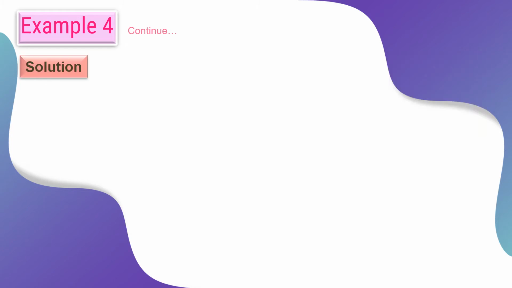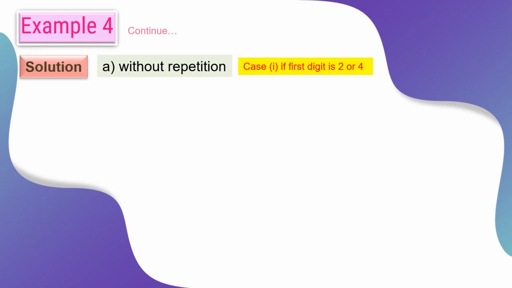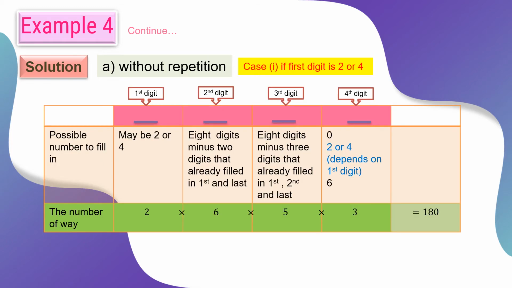Okay, so to solve example 4 question A without repetition, we can divide into two cases. First case, if the first digit is 2 or 4. Now we try to write down. We have 4 digits here, so we can start with 2 or 4. If you start with 2 or 4, how many? We have 2 digits here, so you can put 2.